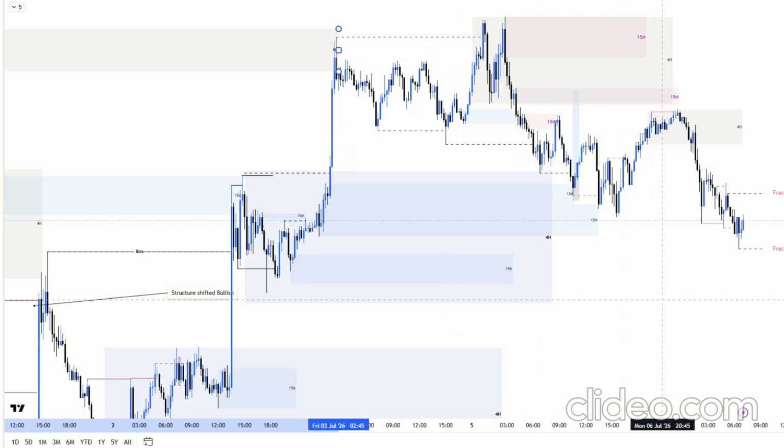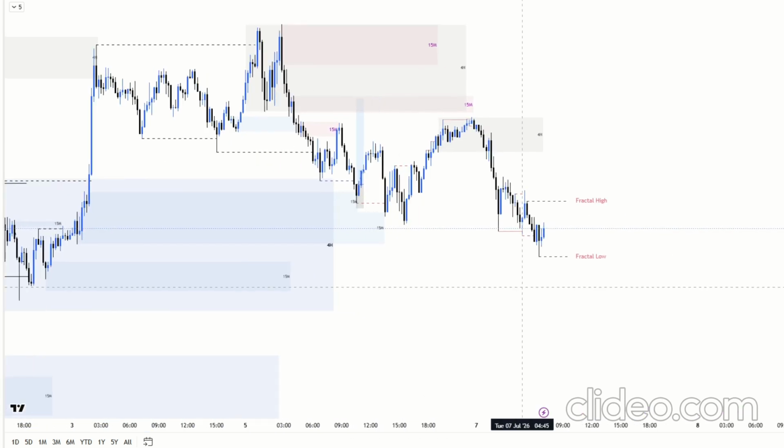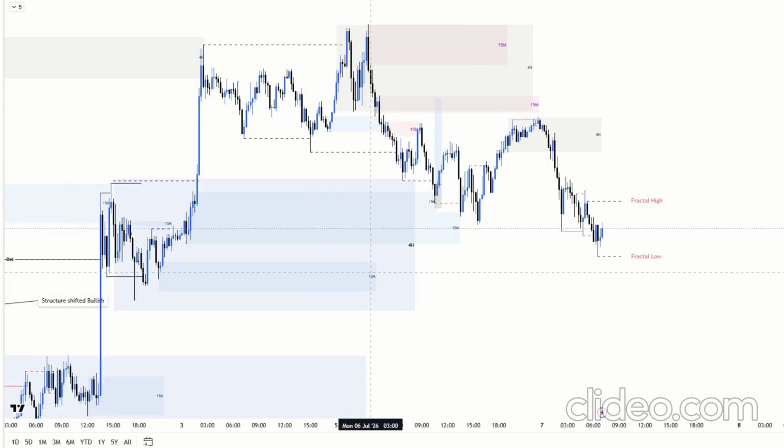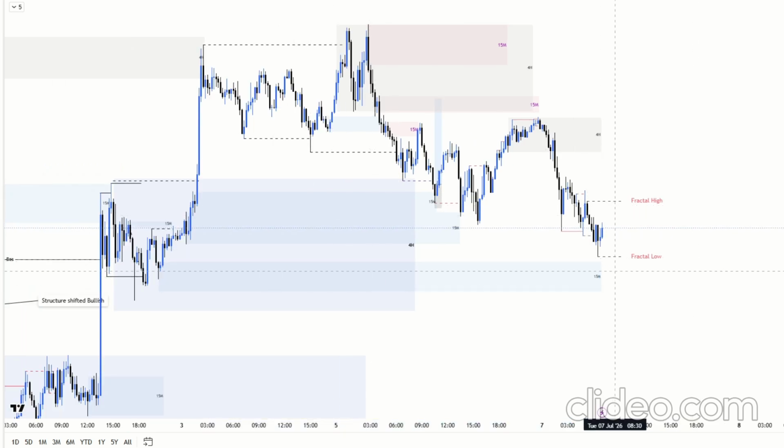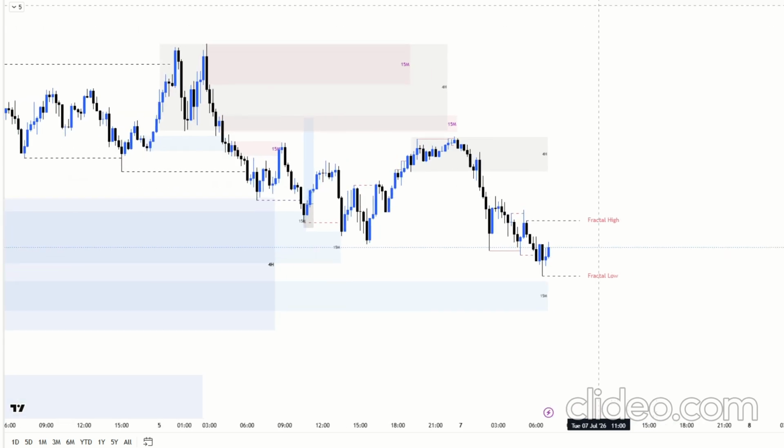So we shall be patiently looking for, like, we have this extreme demand there. We have not mitigated the price. Again, we have a break of structure here.